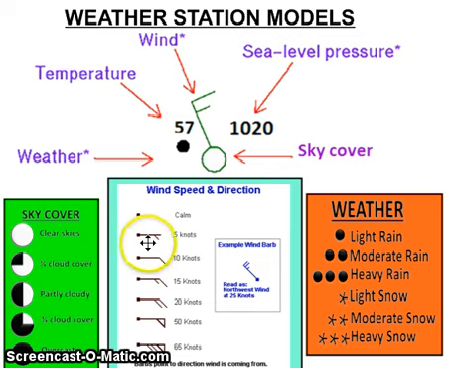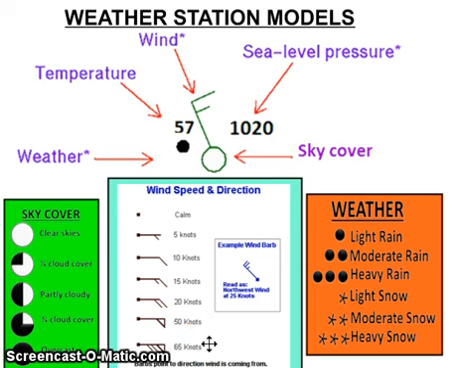Sometimes they call these feathers or barbs or flags, so you'll hear me use those words interchangeably. 15 knots, such as what we see in our station model sample here, is represented by one full feather and then a half. And then going all the way up to 50 knots, 50 knots is represented by a triangle, and you can see how we can use a combination of feathers and these triangles to represent any amount of wind speed.